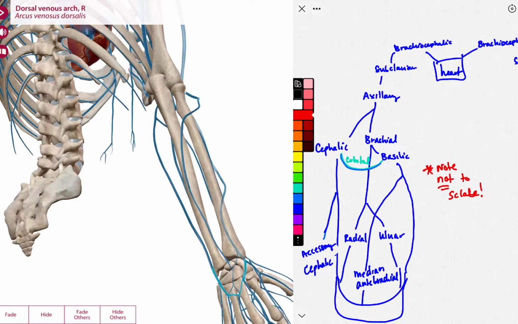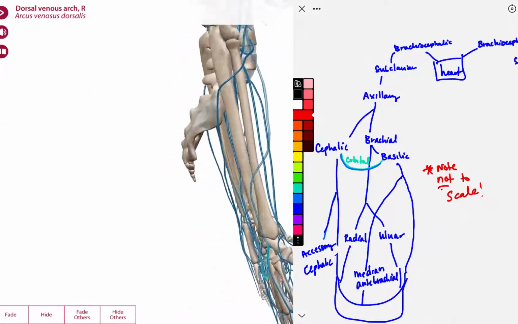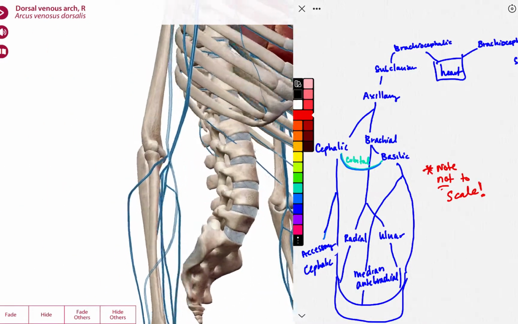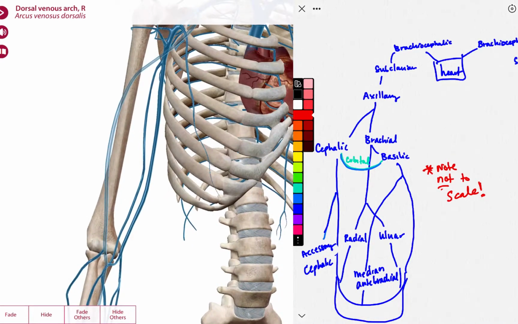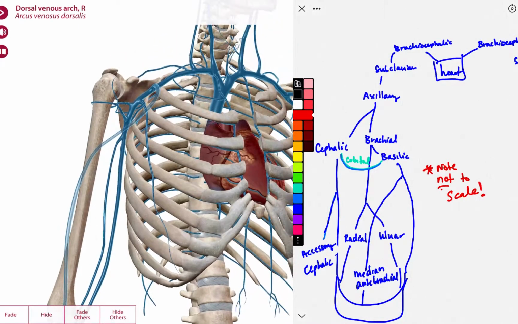That's going to drain into the radial, the ulnar, the median antebrachial, the cephalic, the basilic. And from there, radial and ulnar drain into brachial. Brachial and basilic drain into the axillary, and then cephalic drains into axillary just a little bit later than everybody else. And then they come back through the subclavian and back into the heart.